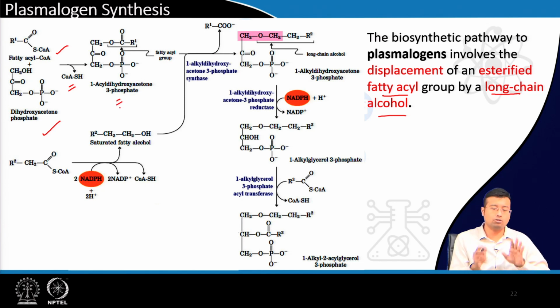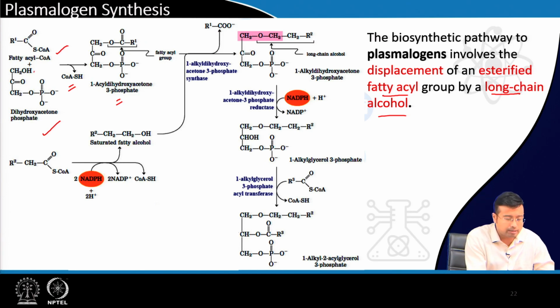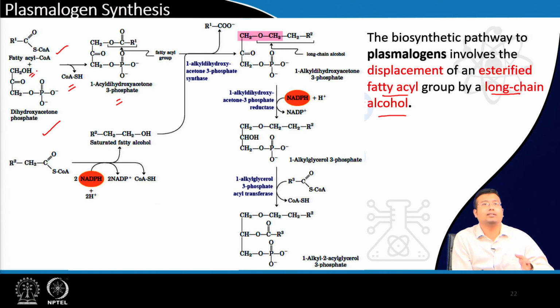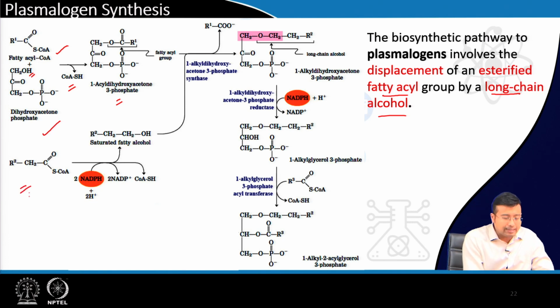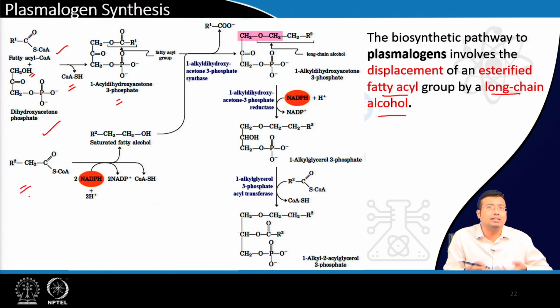Okay. So, with 1-acyl dihydroxyacetone phosphate over here, this is a very basic reaction where basically the first hydroxyl of dihydroxyacetone phosphate has been acylated, right. This we all understand. Now, the second acyl group is treated in a different way.